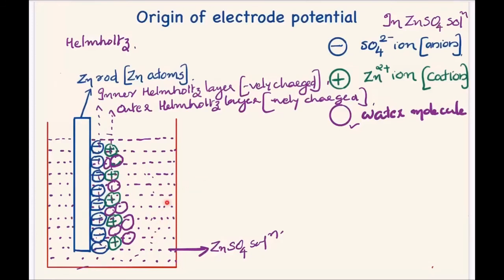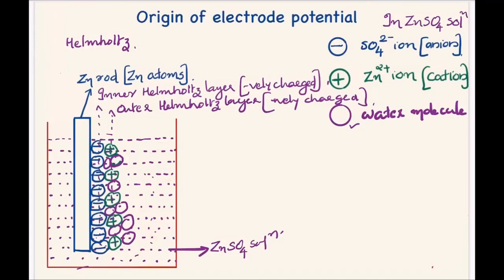So here also we will get zinc ions, sulfate ions, water molecules, but this area is rich in charged particles or ions. This area is comparatively less concentrated in terms of sulfate ions and zinc ions. We know that some of the zinc ions moved into this area, some of the sulfate ions moved into this area, so the number of zinc ions and sulfate ions reduced in this area.